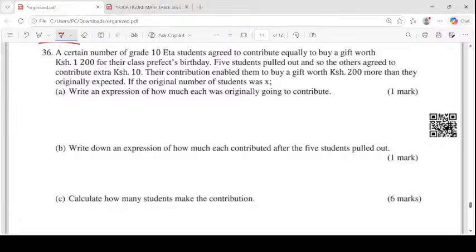Their contribution enabled them to buy a gift worth 200 shillings more than they originally expected.